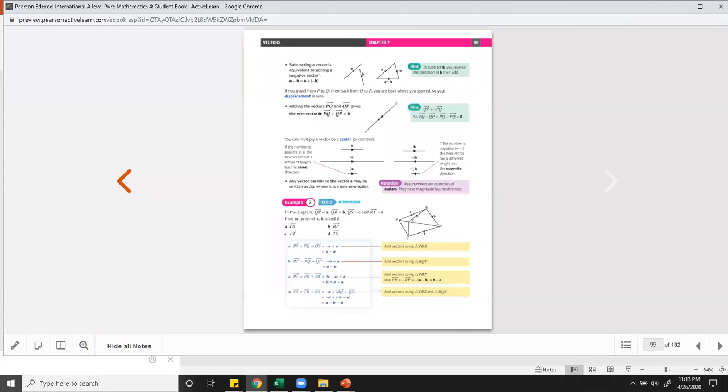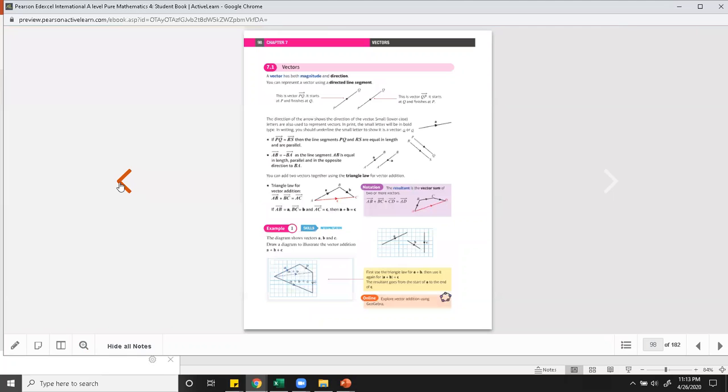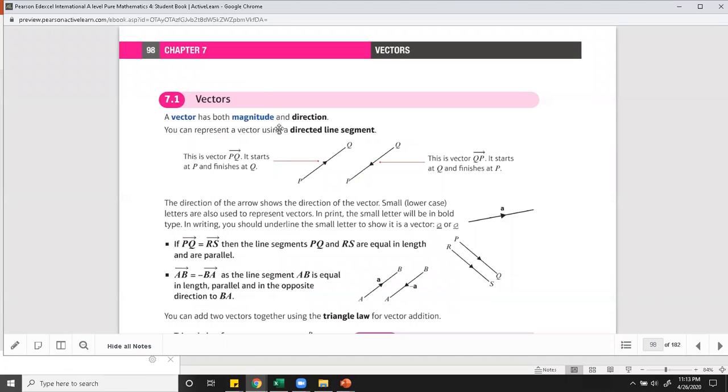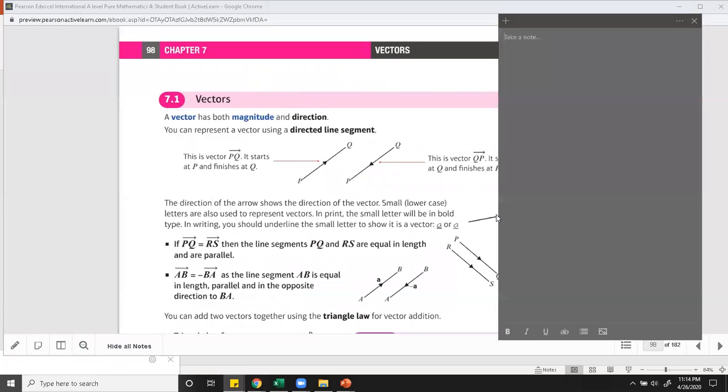But let's have a look through, just to give you a bit of a start. So a vector has both magnitude and direction. For example, if you have vector A, the magnitude is basically how long it is, its size.